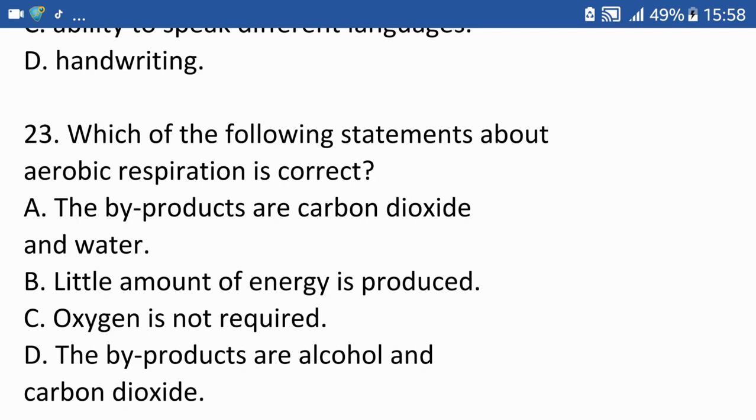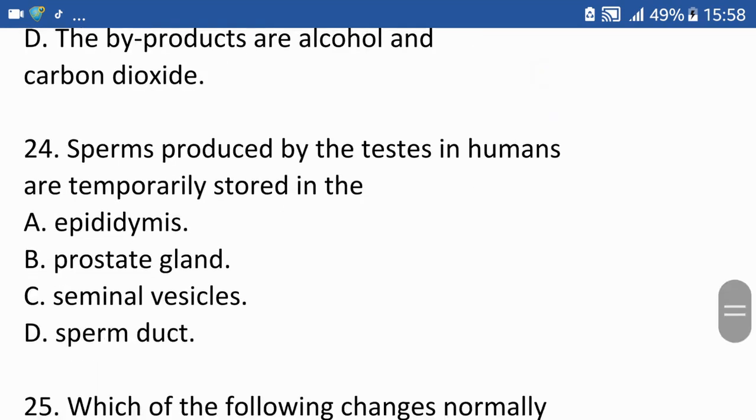Twenty-four, sperms produced by the testes in humans are temporarily stored in the.